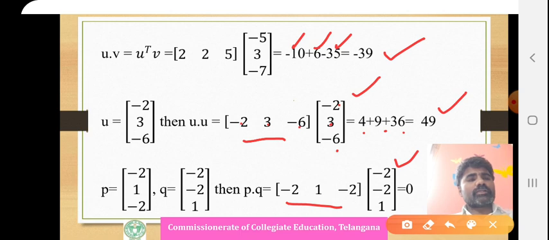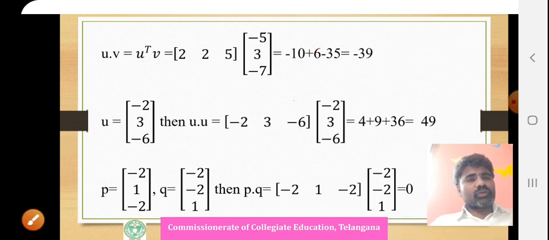Now minus 2 into minus 2 is plus 4, 1 into minus 2 is minus 2, and minus 2 into 1 is minus 2. So it is 4 minus 2 minus 2, which equals 0. That implies the inner product of p and q is 0.